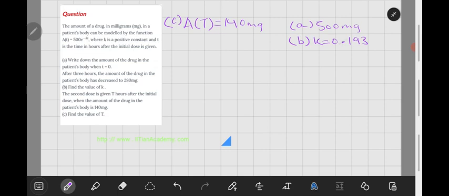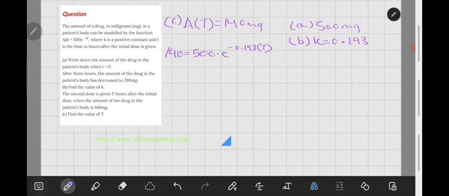And now since we know our value of k, we can do a very similar rearrangement of our equation, instead to evaluate for t this time. So we will have 140 is equal to 500 multiplied by e to the power of negative k, which is 0.193, times the value that we are looking for, t.